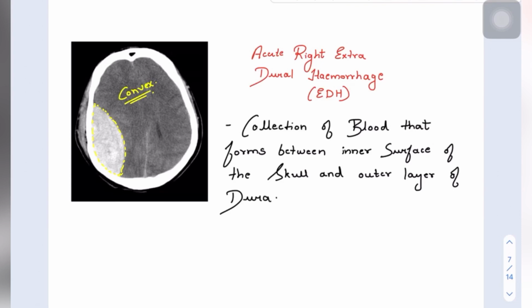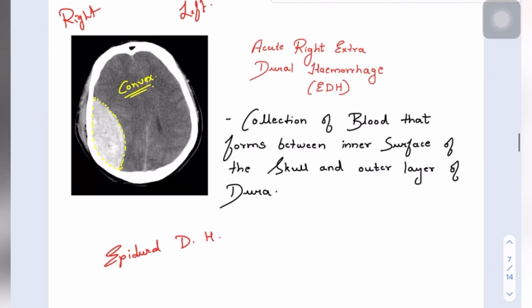So if you get any image with hyperdensity in the form of convex shape, then directly tick mark epidural hemorrhage. Okay, so this is right side, this is left. So you can say acute right extradural hemorrhage, and it is in acute form.